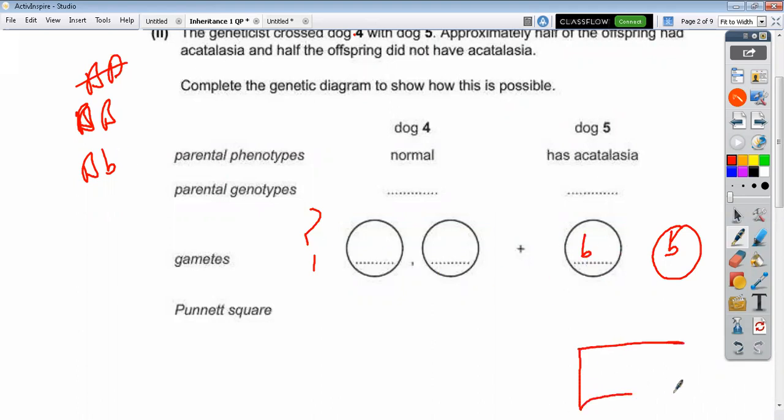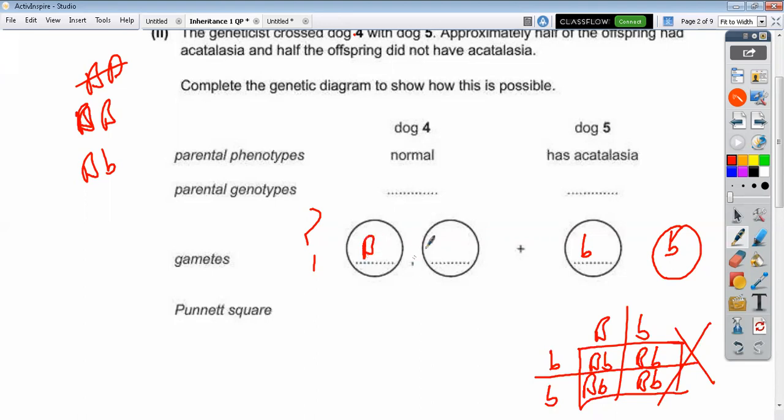If you do that quickly, if you want to prove it, we have all normals. It doesn't work. It's 100% normal. So it's a B and a small b. Is that making sense?